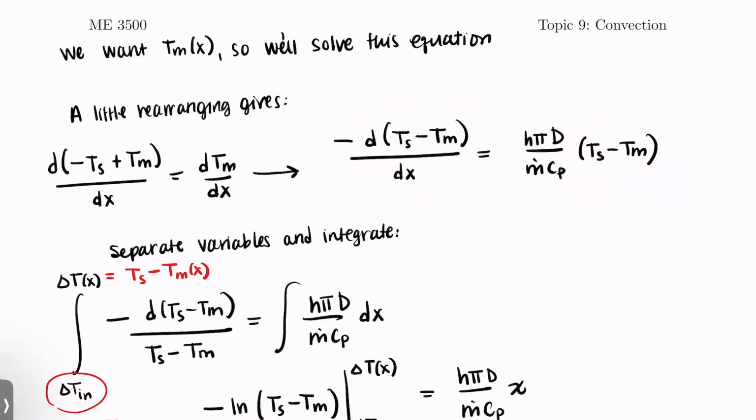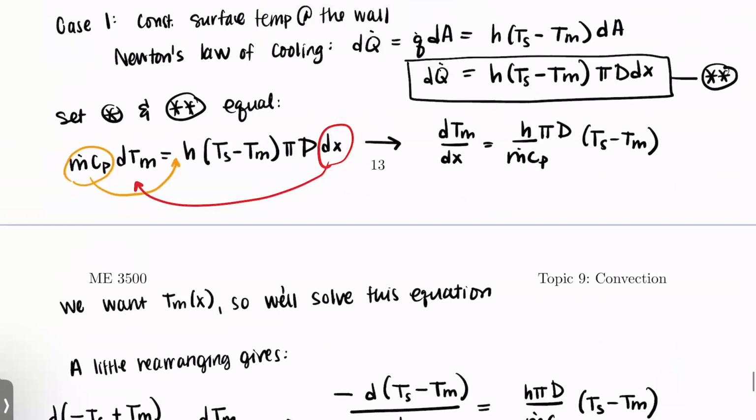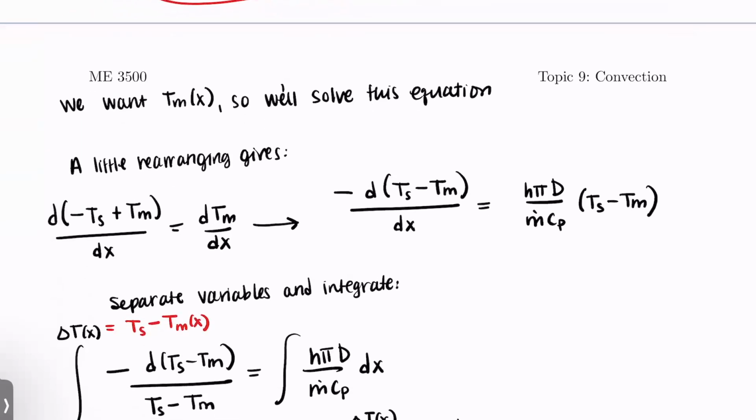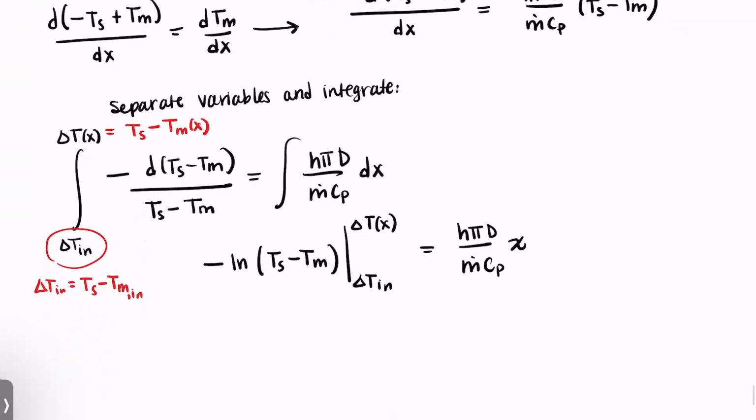We honestly could have just left it in this form, separated variables and integrated. What I've shown here is like the alternate version of a u substitution. Maybe next time I teach this, I'll just do it the regular way. It all makes sense. No, it's totally fine.